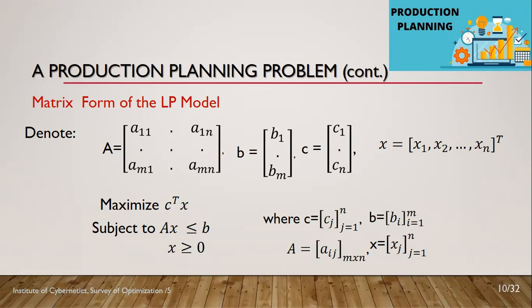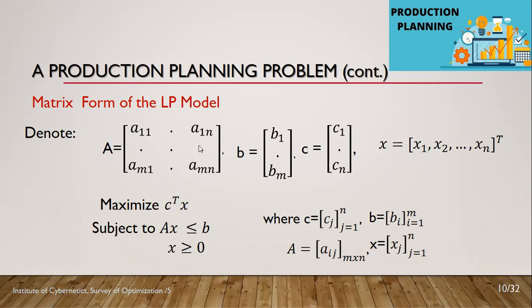Then the vector of variables x we have discussed already, and finally we put all the coefficients used in the left-hand side of the constraints into an m by n matrix. You see here we have m rows and n columns, so we put all of these coefficients in a matrix denoted A capital, which is given by a sub 1,1, up to a sub 1,n, down to a sub m,1 and a sub m,n.